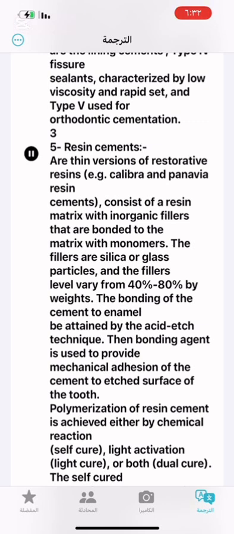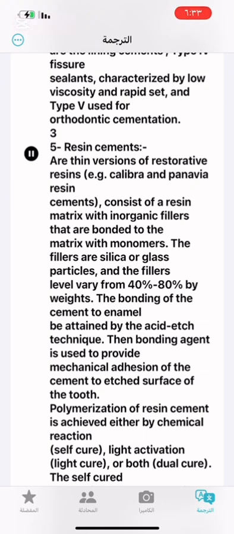In addition, when the enamel surface is conditioned, etched with 37% phosphoric acid, the bond strength of glass ionomer cement becomes greater, because acid etching of the enamel surface will produce microporosities on the etched surface that will improve the mechanical retention. 4.